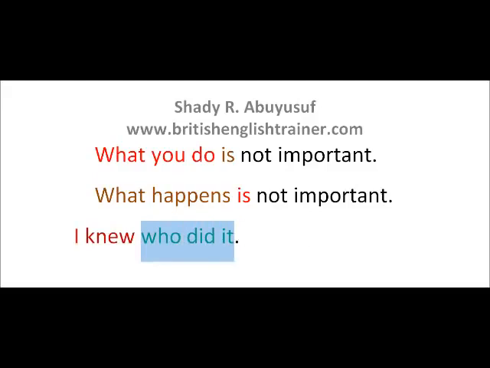We've got who as a connector, and then we've got did as a verb. Where is the subject? We say that who is a connector and a subject at the same time. So how many elements do we have here? We've got I as a subject, number 1. We've got knew as a verb, number 2. And we've got the connector, number 3, and the verb, number 4.